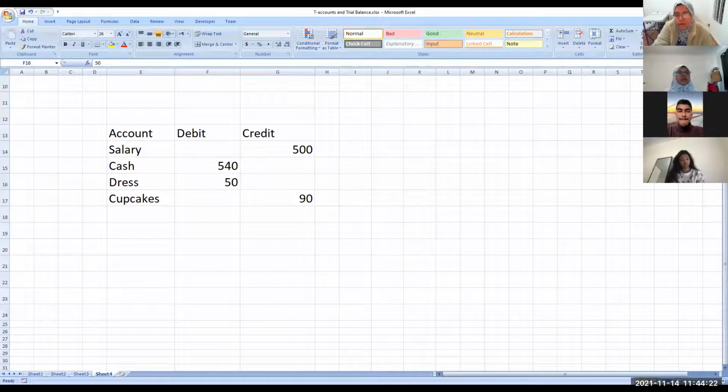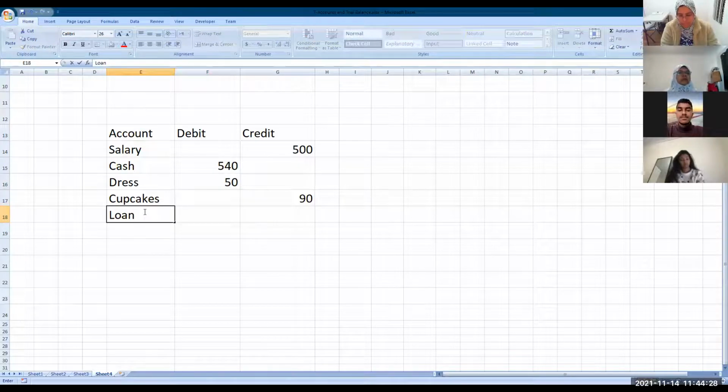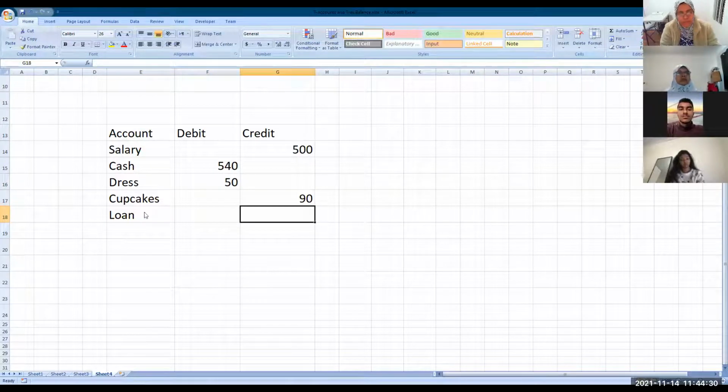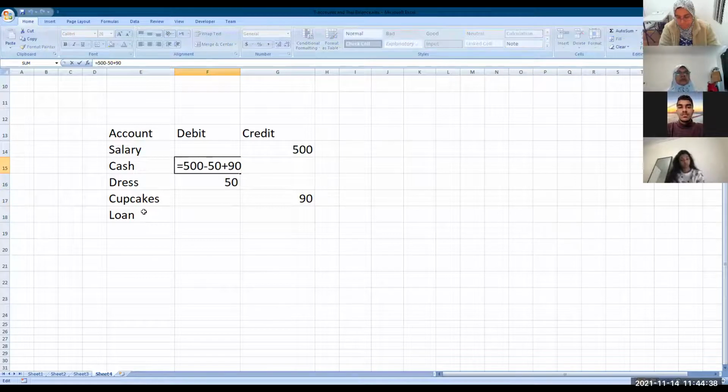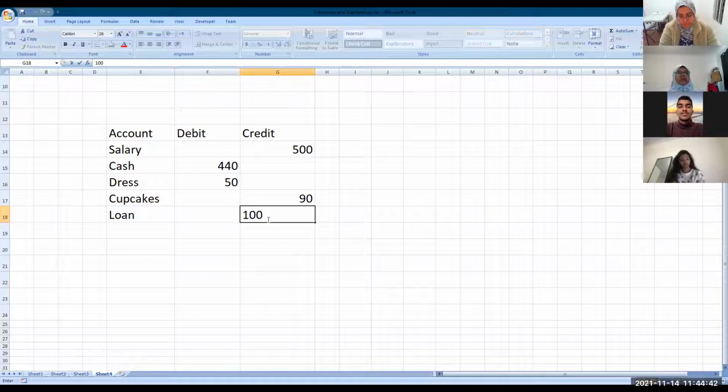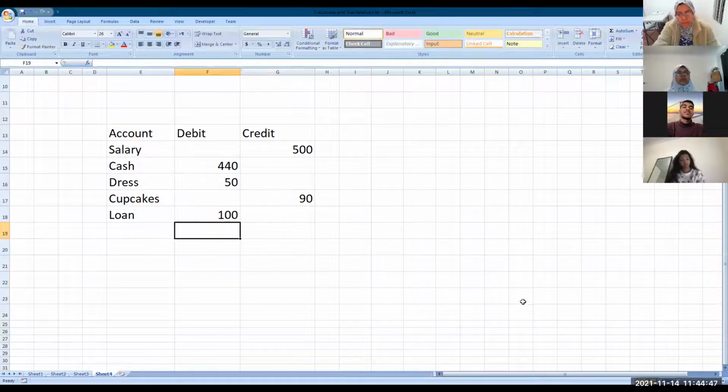We have paid $100 with cash. So we are paying the loan, $100 in cash. So we are minusing cash, and our loan is debited. Yeah, you've said that.